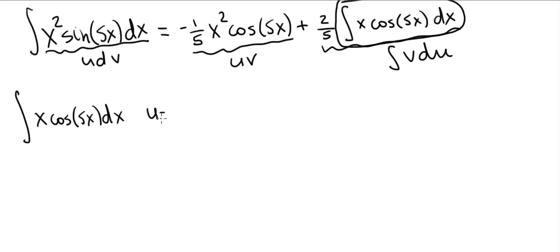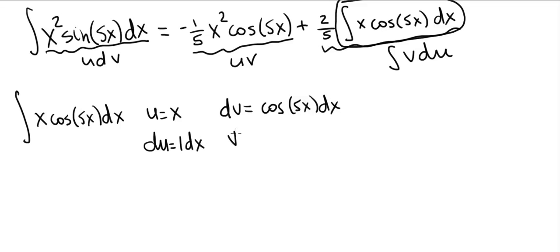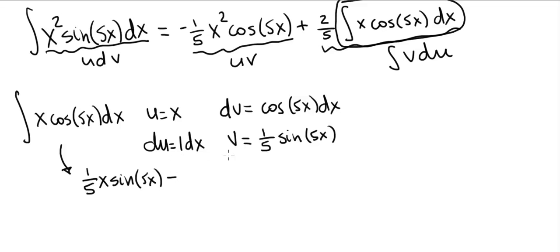You let u be the polynomial part, and dv once again the trigonometric part, cosine of 5x dx. du is just 1 dx, and v, using the formula above, is 1/5 times the sine of 5x. So this integral equals u times v, the new u and the new v, so it's 1/5 x times sine 5x minus the integral of v du, which is 1/5 times the integral of sine of 5x.